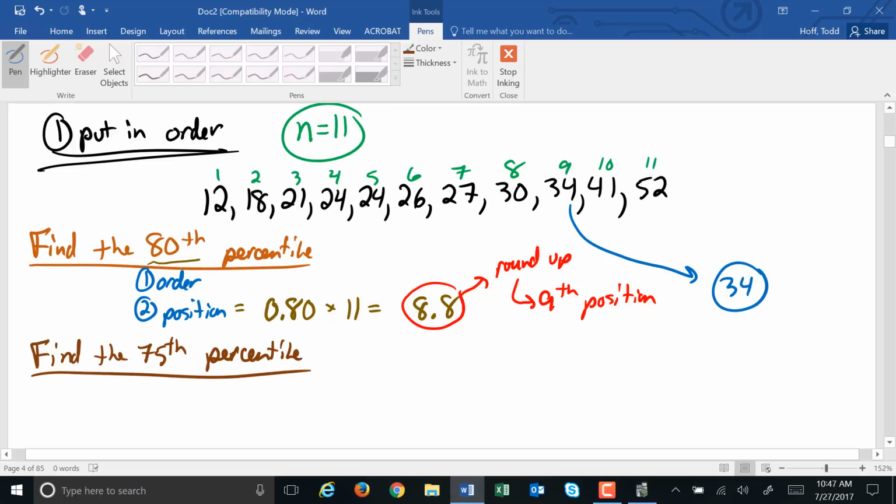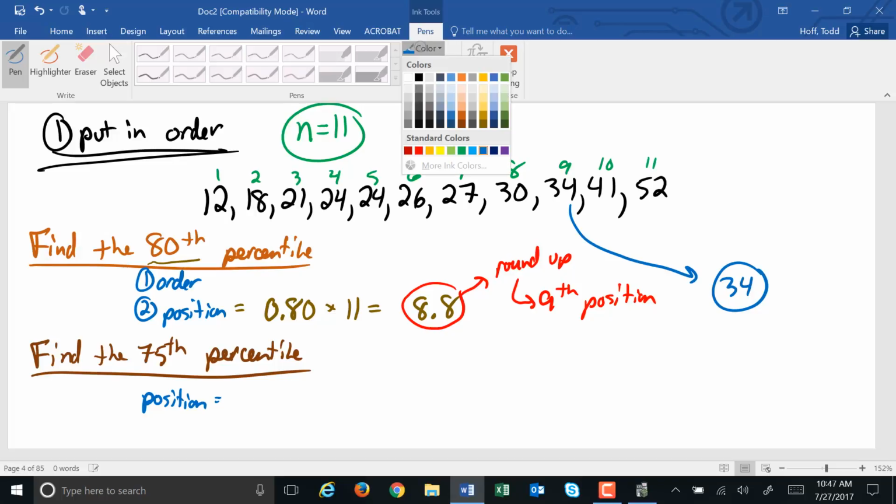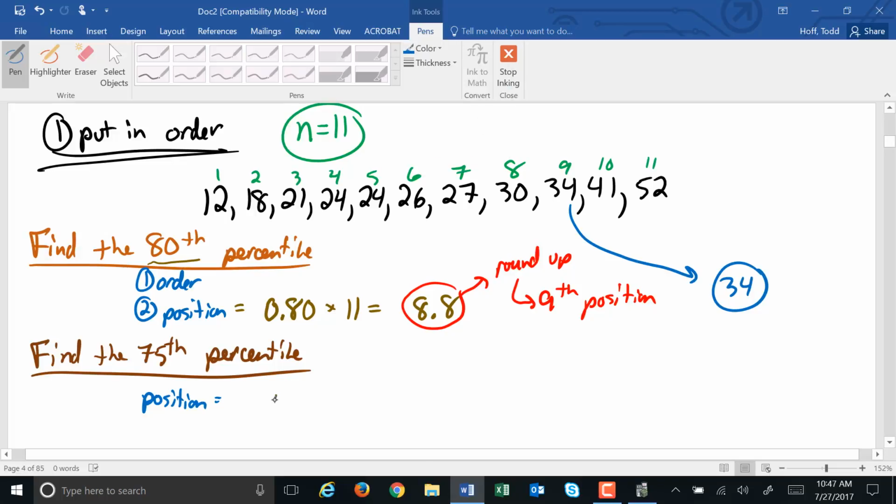Well, they're already in order, so we're just going to go for the position here. What are we going to multiply? 0.75 times 11, which is n. So that's going to give us, what, 8.5.